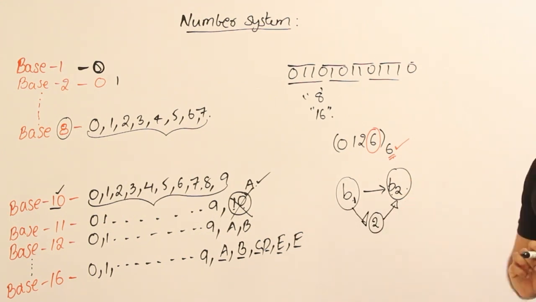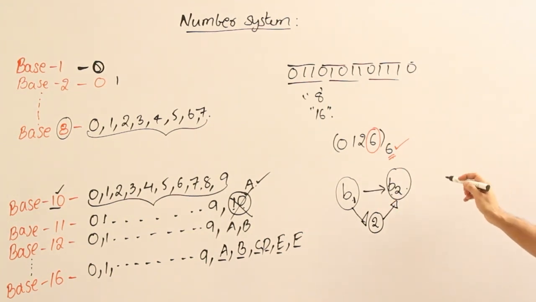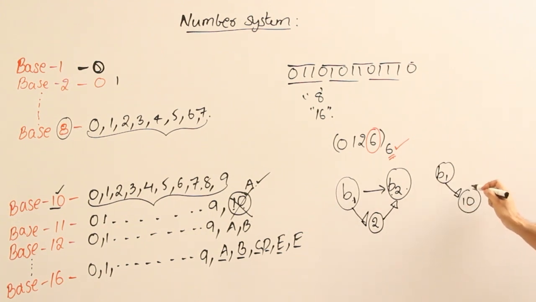It is very easy. If they are not powers of 2 and there are some different numbers, then what you can do is convert them to base 10 and then convert to the required other base.